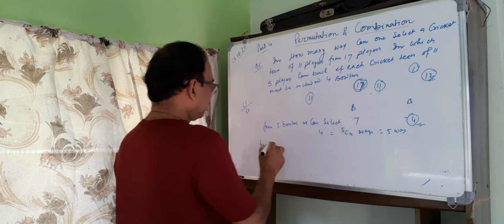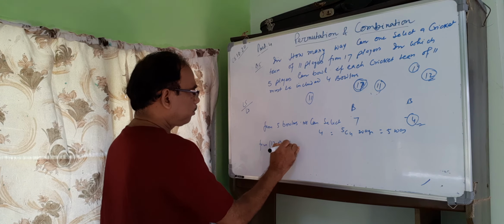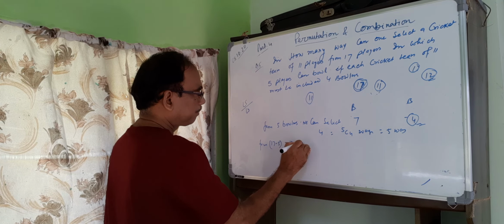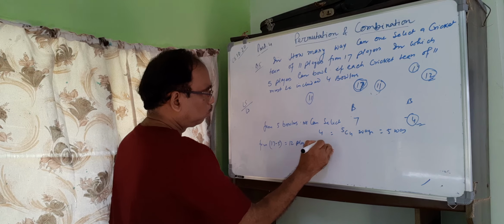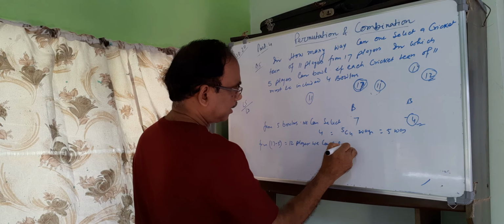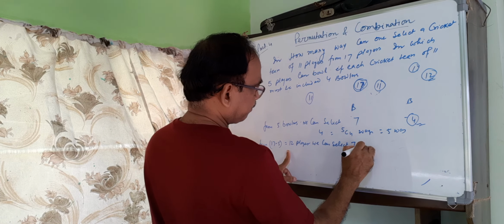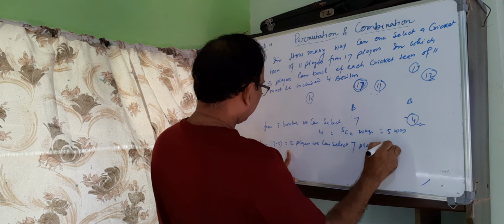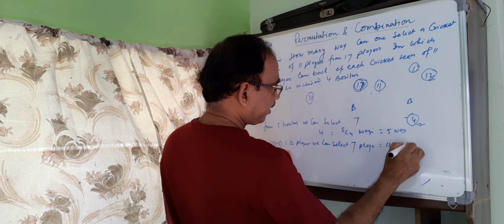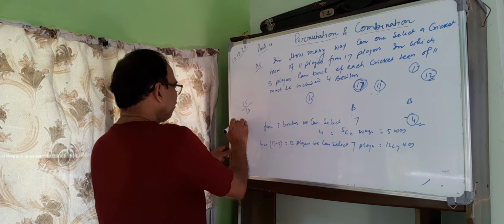From 17 minus 5, that is from 12 players, we have to choose 7 players. That is 12C7 ways. 12C7 means factorial 12.